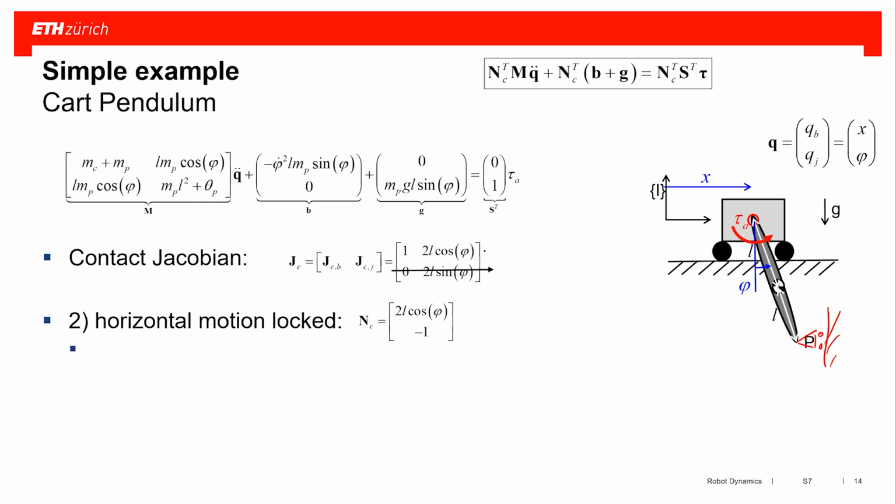One possible null space, again, I can find by looking at this JC vector, such that NC times JC is equal to 0. And I can look also at NC transpose times S transpose, and this is now a -1.